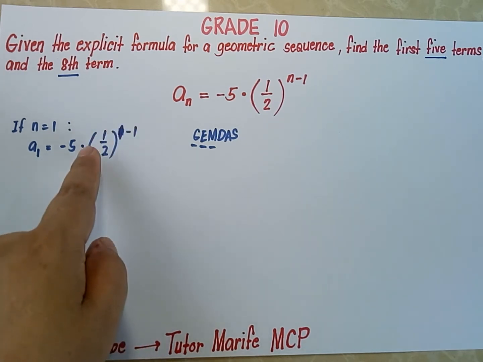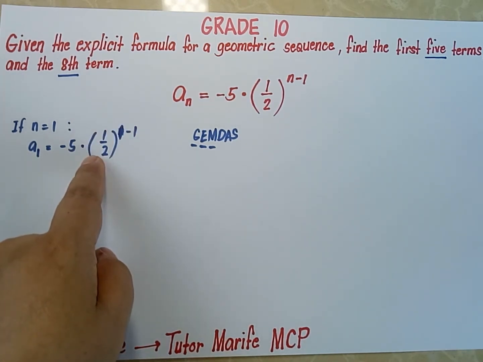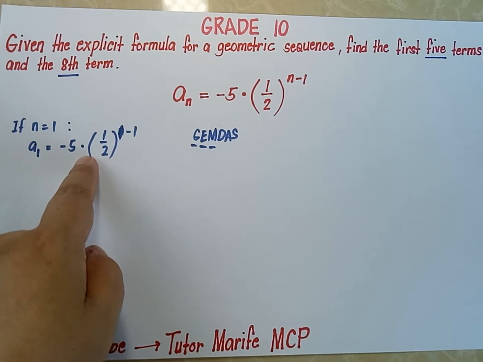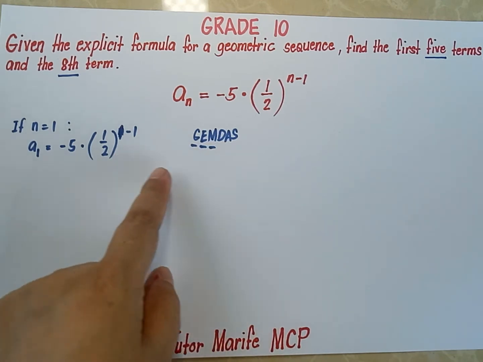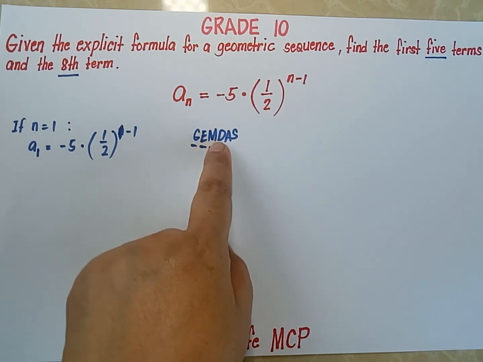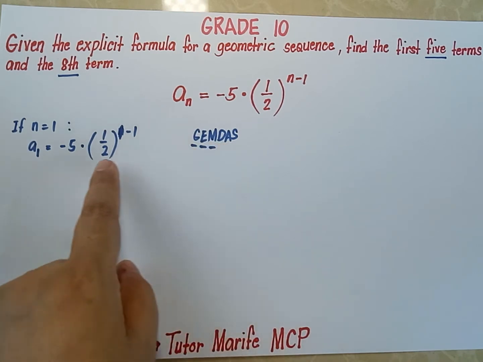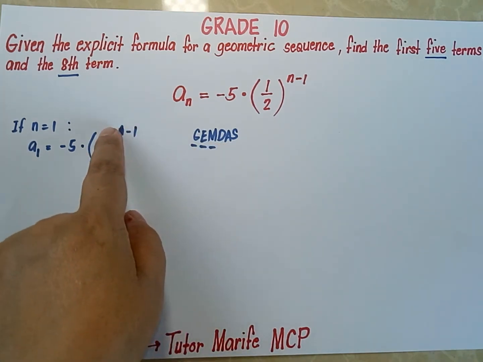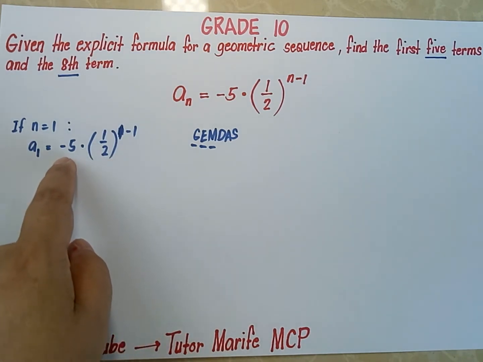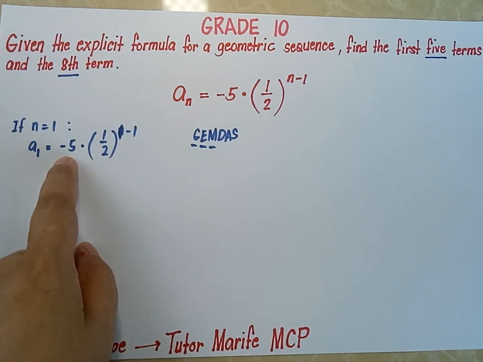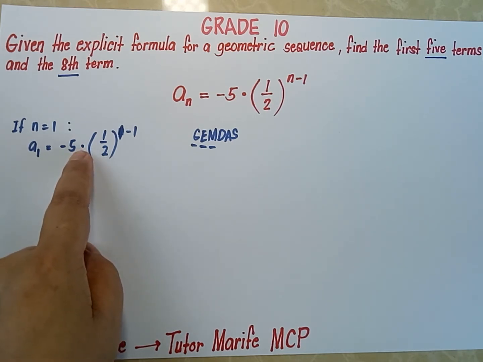Yun ang posibleng maling gagawin ng estudyante na hindi masyadong na-master ang GEMDAS rule. Okay, ano ba ang tama? E bago M. I-evaluate mo muna yung exponential term saka ka mag-multiply. So, ang last operation na ipe-perform mo dapat ay multiply.